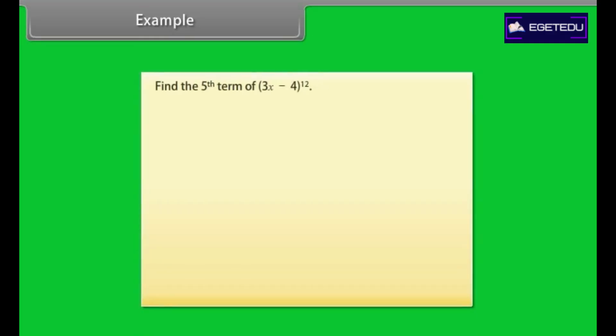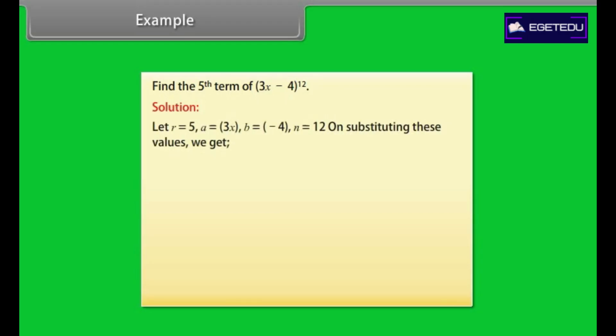Example: find the fifth term of (3x minus 4) raised to power 12. Solution: let r be equal to 5, a equal to 3x, b equal to minus 4, n equal to 12.